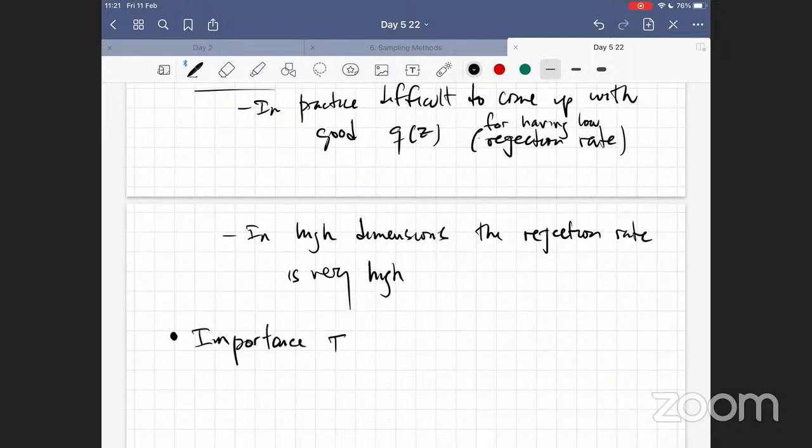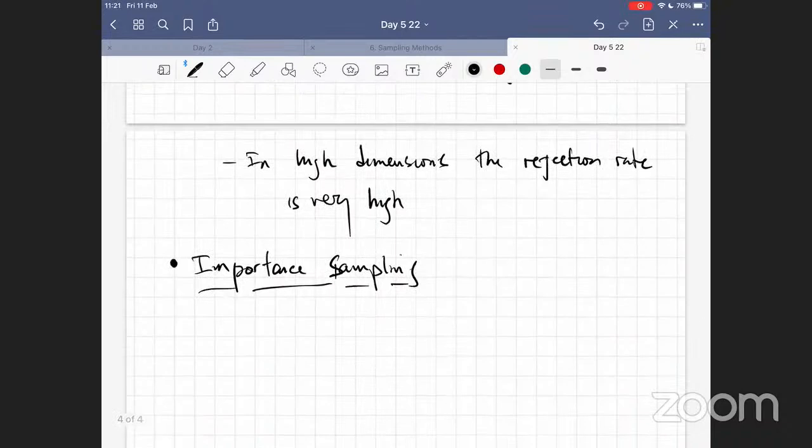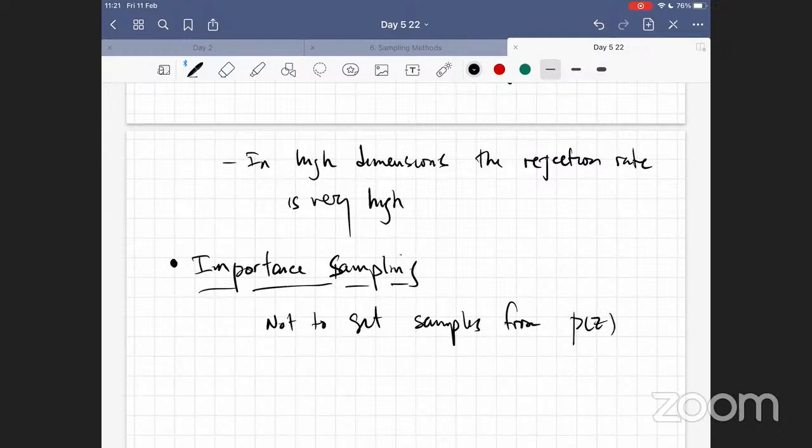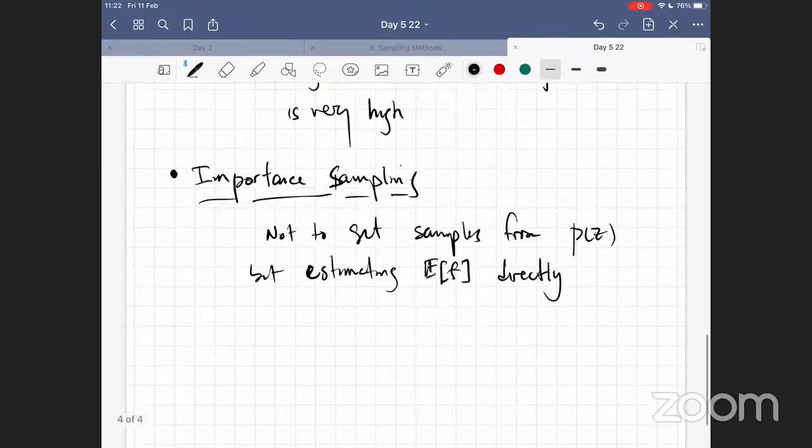So importance sampling is another popular sampling procedure. And here the idea is not to get samples from P of Z, but to estimate the expectation value directly, by doing the following.